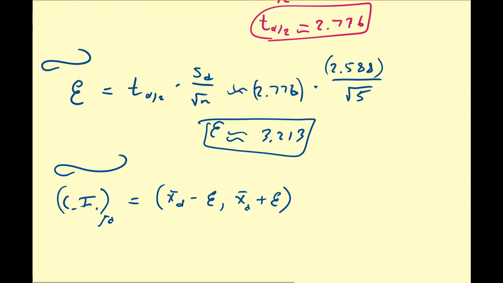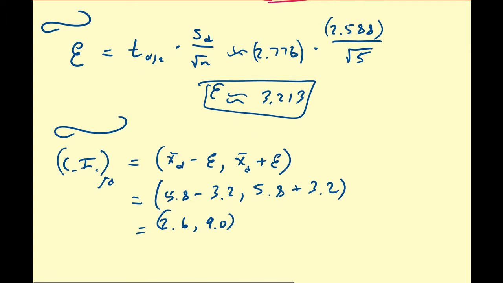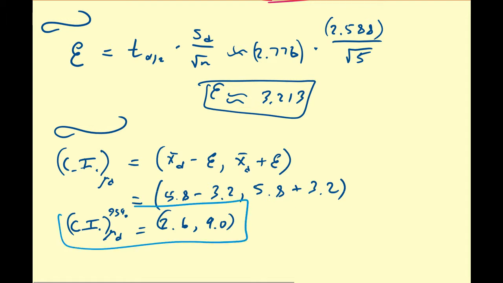So x bar d came out to 5.8, so we have 5.8 minus 3.2, let's round to one decimal place, and 5.8 plus 3.2. 5.8 minus 3.2 is equal to 2.6, and 5.8 plus 3.2 is going to come out to 9.0. And you'll realize that the rounding is not really going to make a difference here. This is a 95% confidence interval for the mean difference.